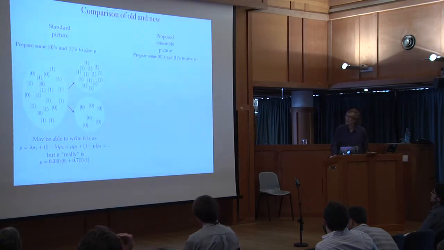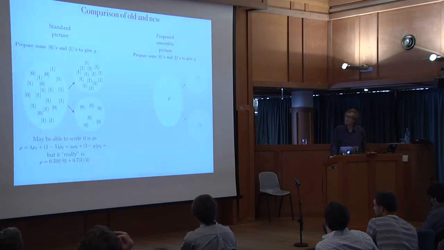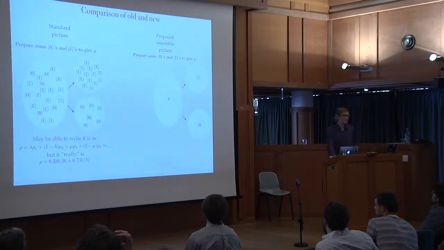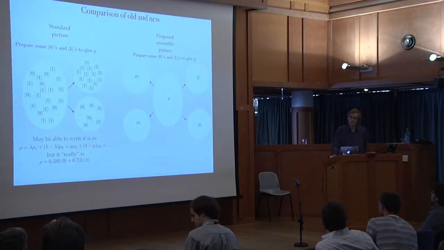If we prepare some zeros and ones to give a row, all we've got is the row. We certainly can divide them into zeros and ones if we remember how we prepared them. But if we use another way of partitioning the ensemble, we can prepare 2 subensembles in entirely different states. And that's what we do when we've established the pre-entanglement subensembles earlier in the talk.